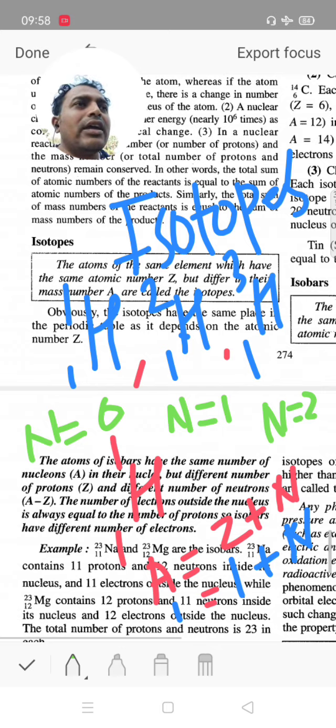Isotopes are elements having the same atomic number but different mass number, so the number of neutrons is also different in the isotopes.